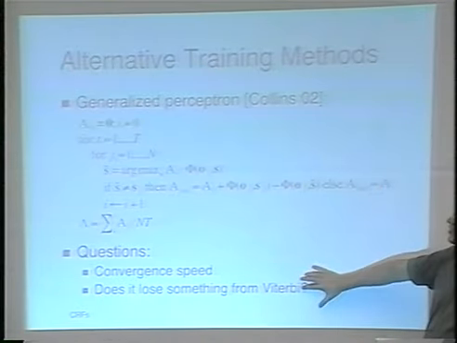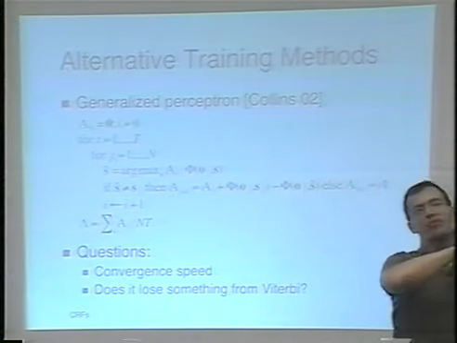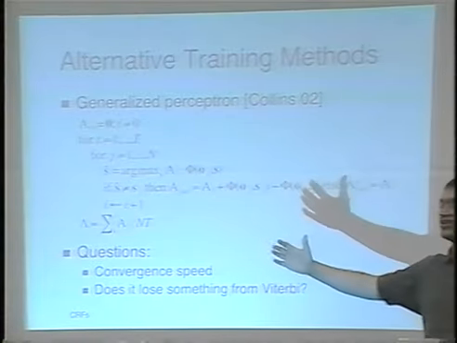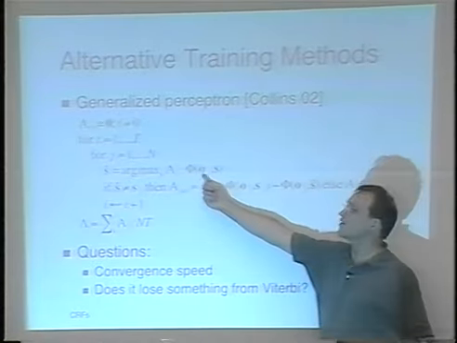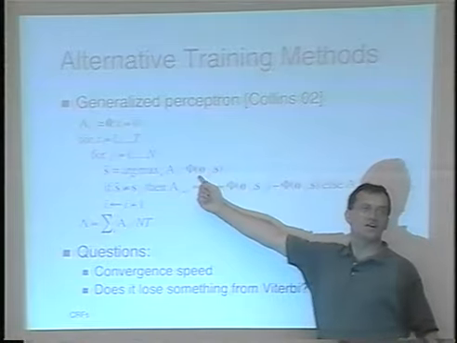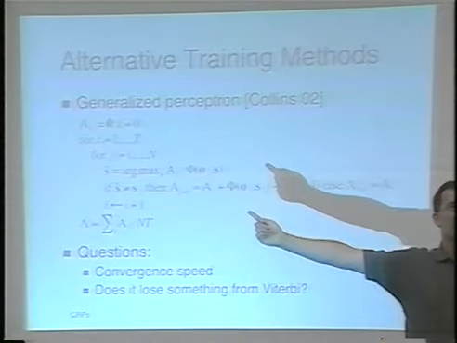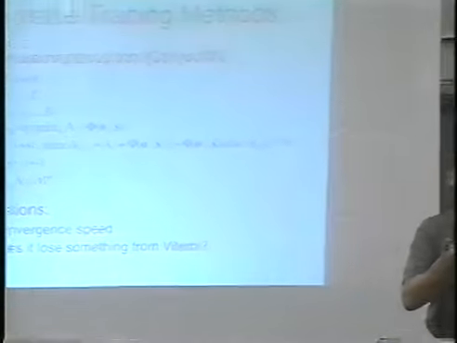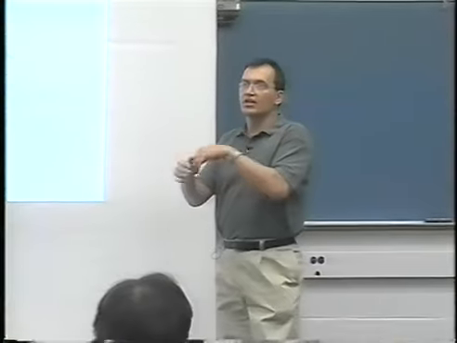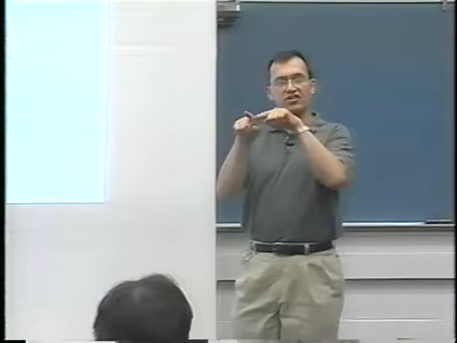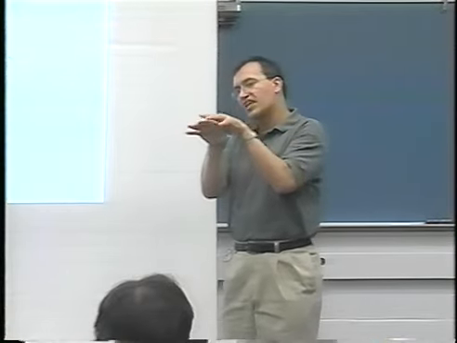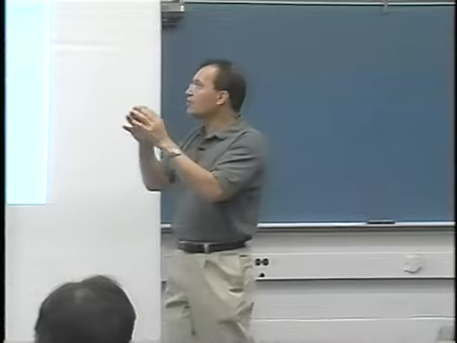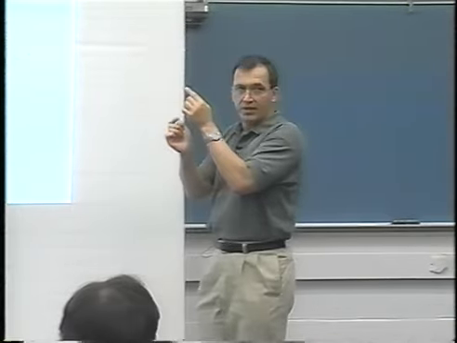Now, one interesting point is we were doing forward-backward in the other algorithm. We were considering all the paths. Here we're considering just one path, the best path. Do we lose something? Intuitively, it seems that at the beginning you're losing a lot, because there are going to be lots of paths that have similar scores, and you're just picking one of them.